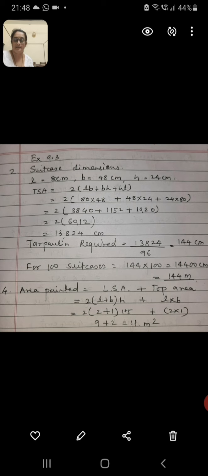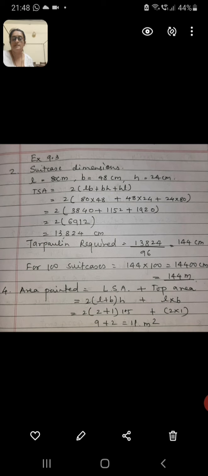There are 100 suitcases. We have to cover them with the tarpaulin cloth. To cover, we need to find the total surface area of the given suitcase. First we'll find the total surface area, then we'll find how much tarpaulin is needed, and then how much is needed for 100 such suitcases.